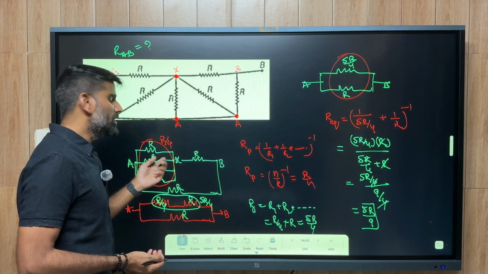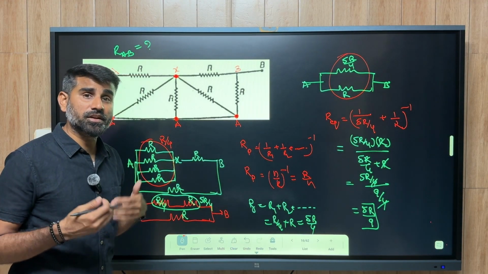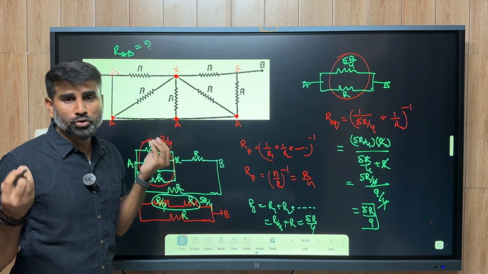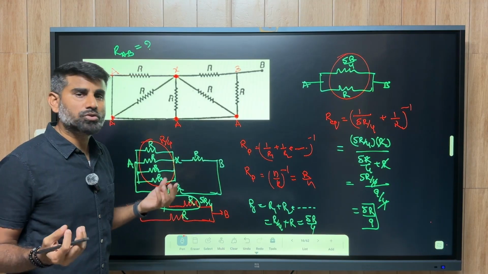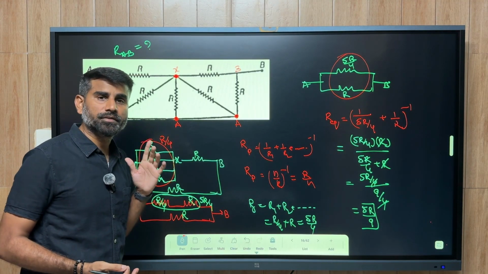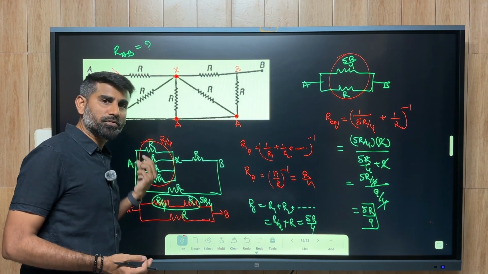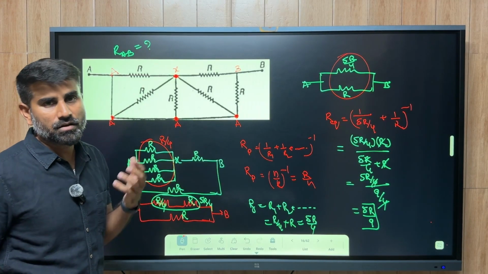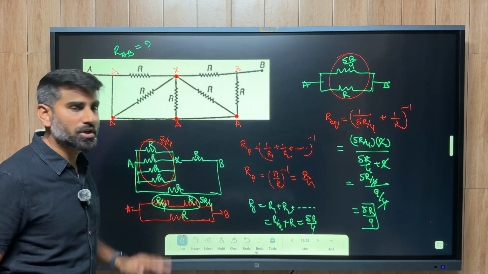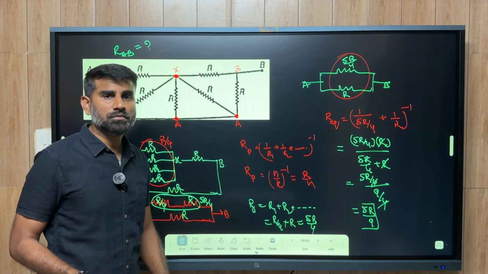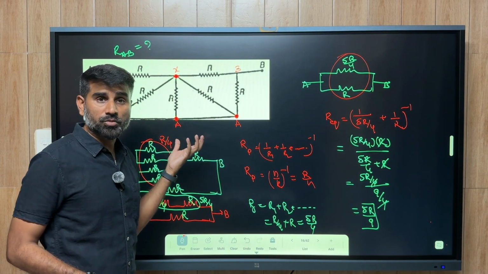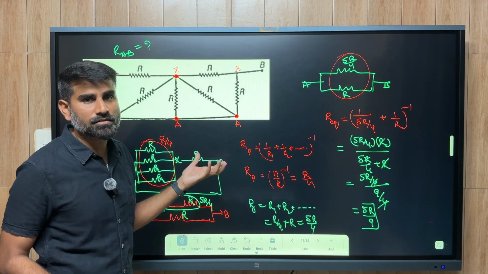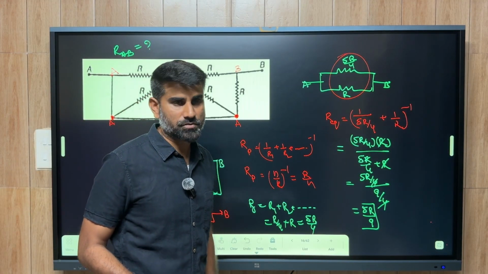Then we identify the resistors which are connected in between the two nodes, the two potential points. Then we are able to simplify the circuit by identifying which resistors are connected in parallel and series combinations. This is how we use the potential point method to find the equivalent resistance of the given circuit.